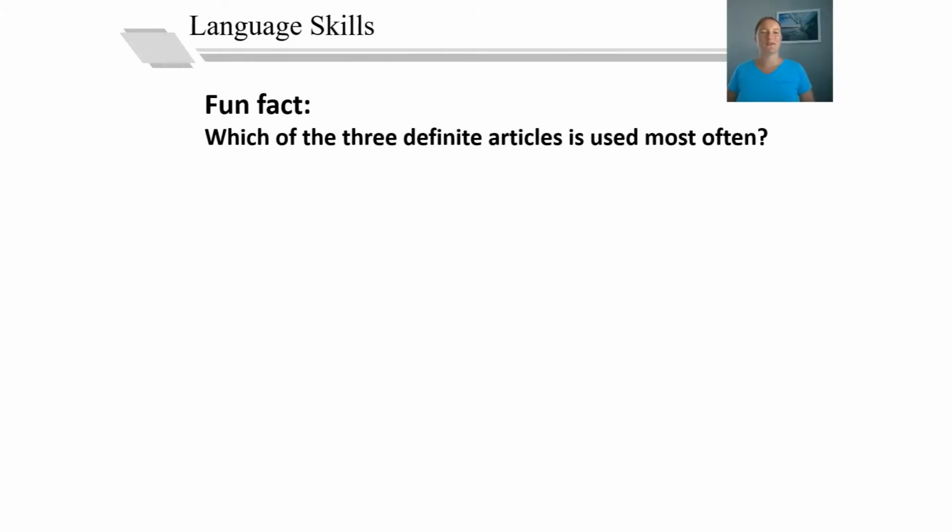Let's continue with a little fun fact. I like fun facts. What do you think? Which of the three definite articles is used most often? Der, die, or das? What do you think? Just guess.